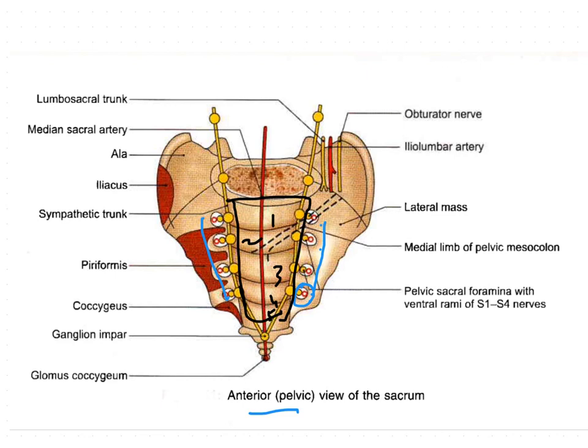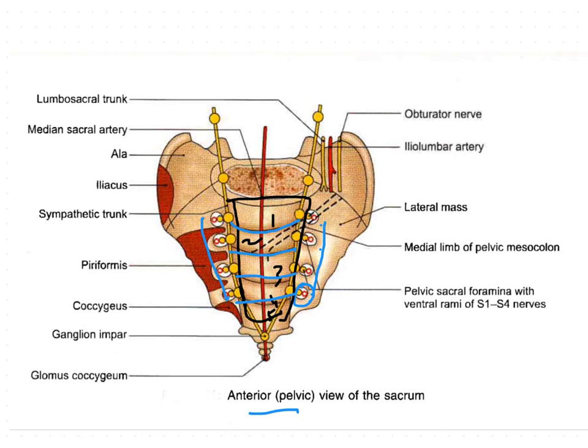So 5 sacral vertebrae are fused, and that fusion can be seen as raised transverse ridges. Here you can see the transverse ridges: 1, 2, 3 and 4 transverse ridges separating the bodies, and these ridges are called the lines of fusion.